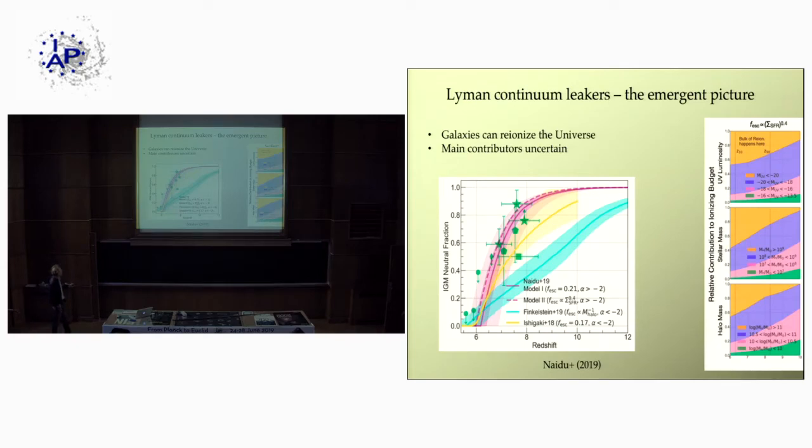This is from a recent model from Naidu et al., showing that with different model assumptions, one can roughly reproduce these observed constraints. They think that this can also exclude, for example, some models like this one, which suggests that very low mass galaxies dominate. But there is still a whole debate on exactly which galaxies contribute how much. And yes, I can refer you to those papers here.